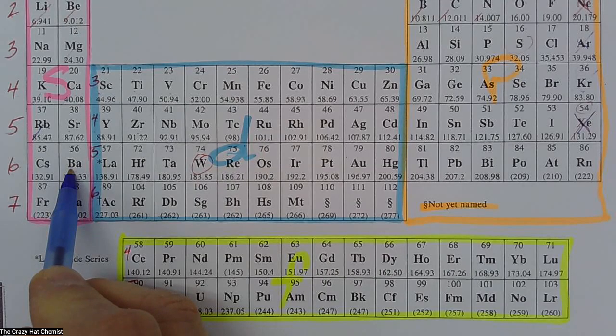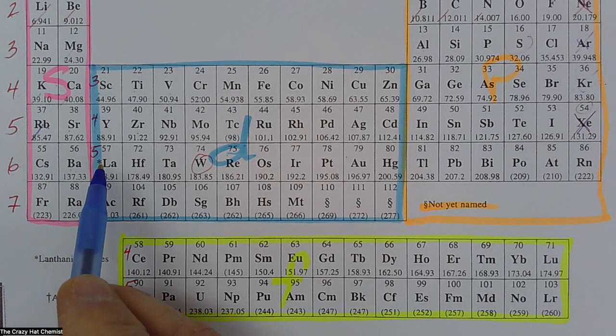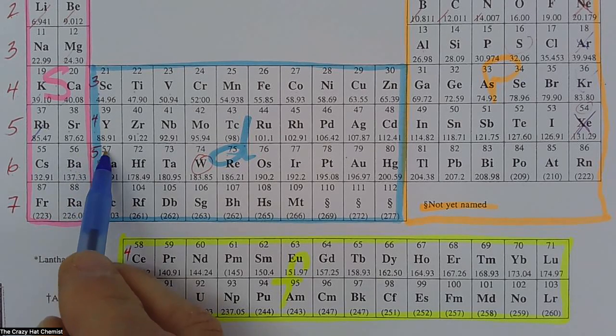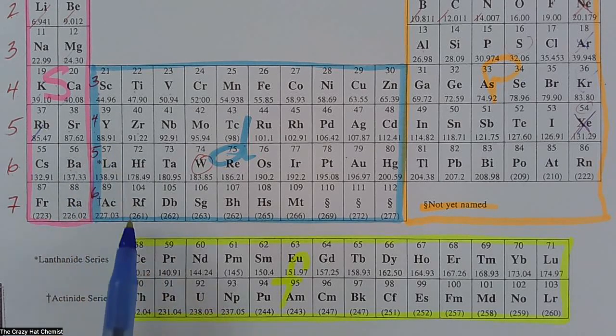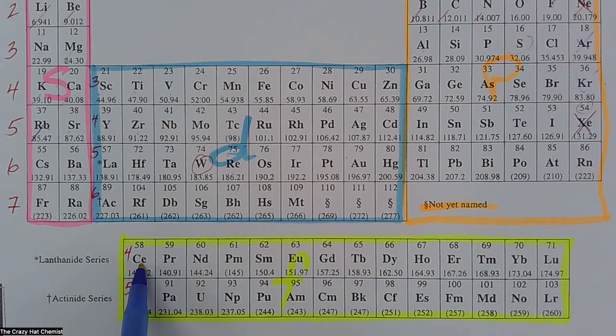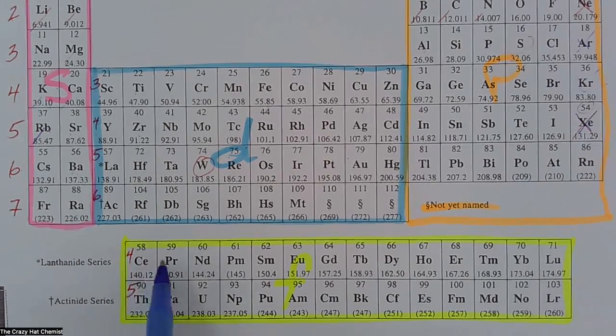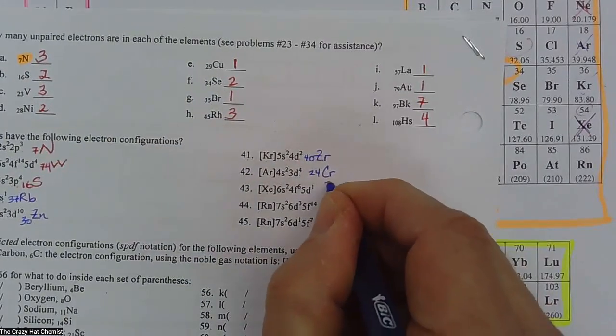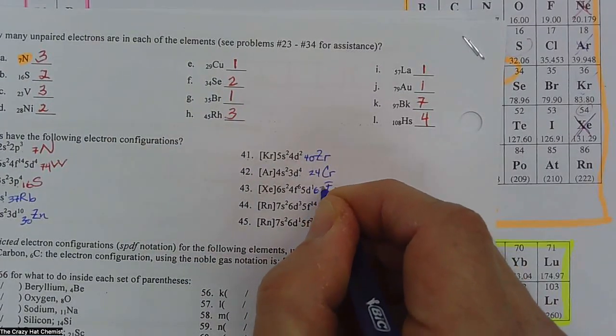And then after that, it is a 5d1. That's element number 57. Now I'm going to have to do 58. That's a 4f, 1, 2, 3, 4, 5, 6. Europium, number 63. So Eu, number 63.